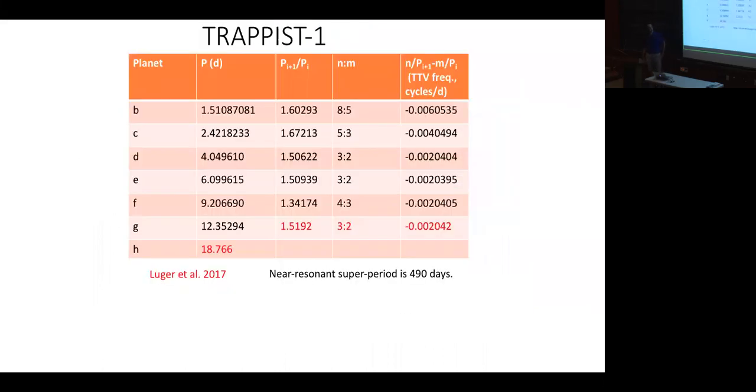So more about TRAPPIST-1. If you form that TTV frequency, like I showed you before, here are the 7 planets of TRAPPIST-1, and you can derive what the frequencies should be. You invert these frequencies and you get 490 days. Notice that these 4 are right on top of each other.